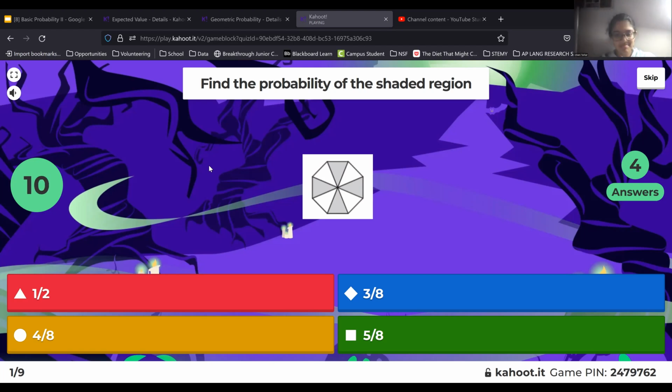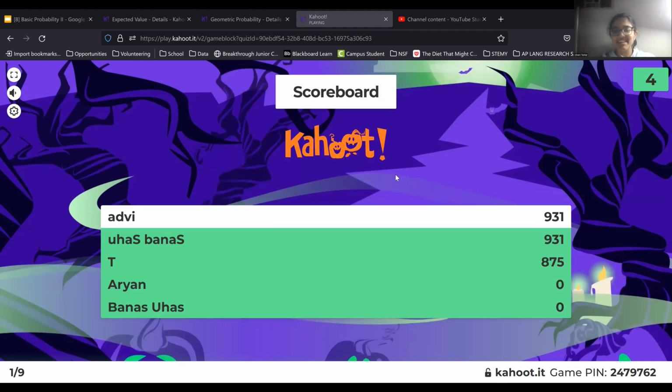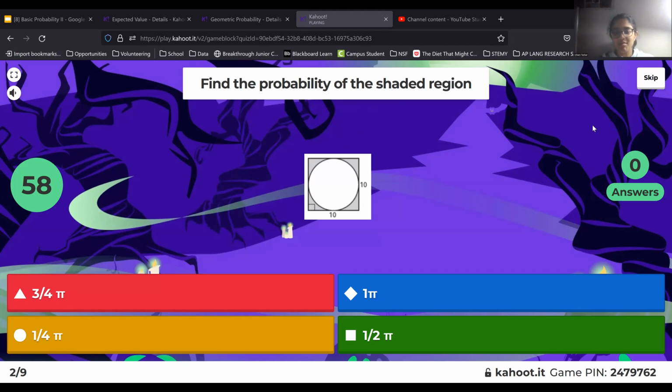Well, I did not realize that would go so wrong, but yeah, the correct answer was 1/2 or 4/8. Next time, simplify. Find the probability of the shaded region.